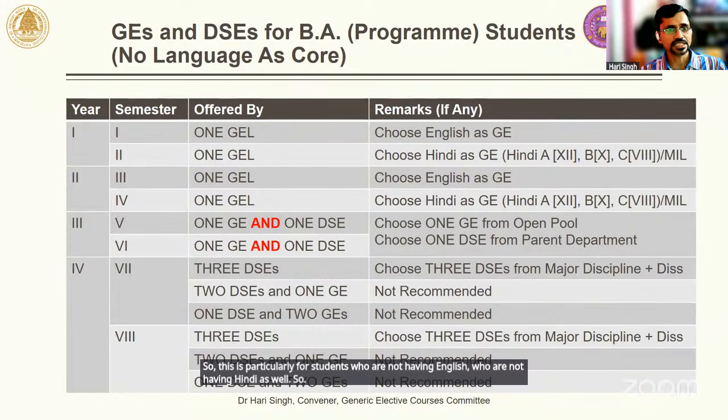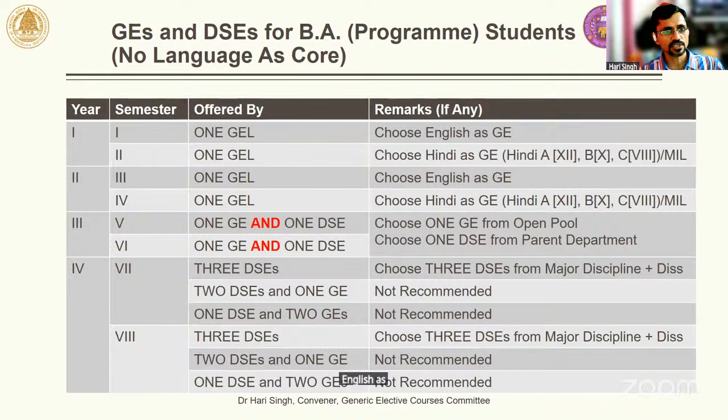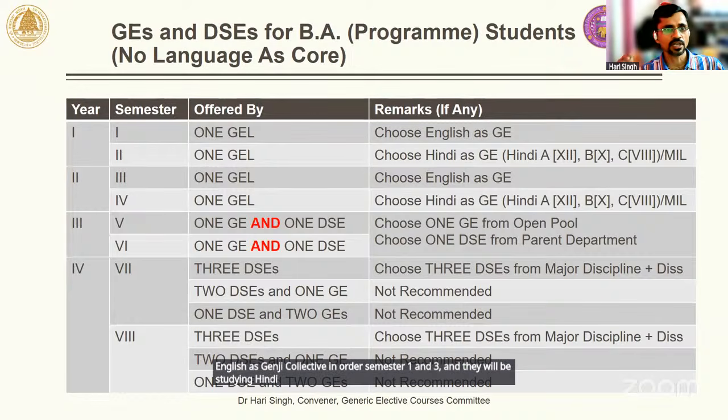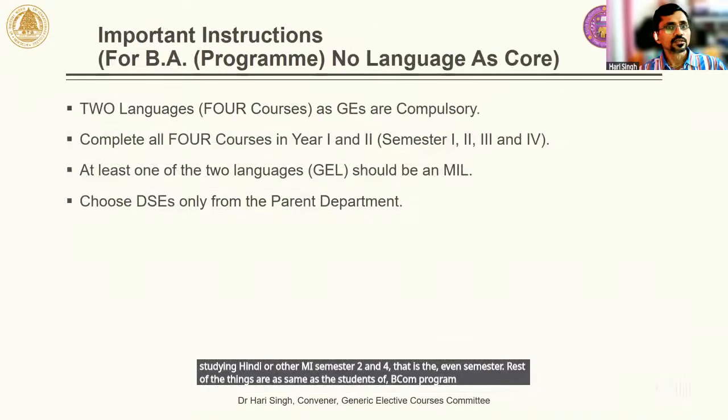Such students will study English as a generic elective in odd semesters, that is semesters 1 and 3, and will study Hindi or another MIL in semesters 2 and 4, the even semesters. The rest of the things are the same as for the students of the BCom program.